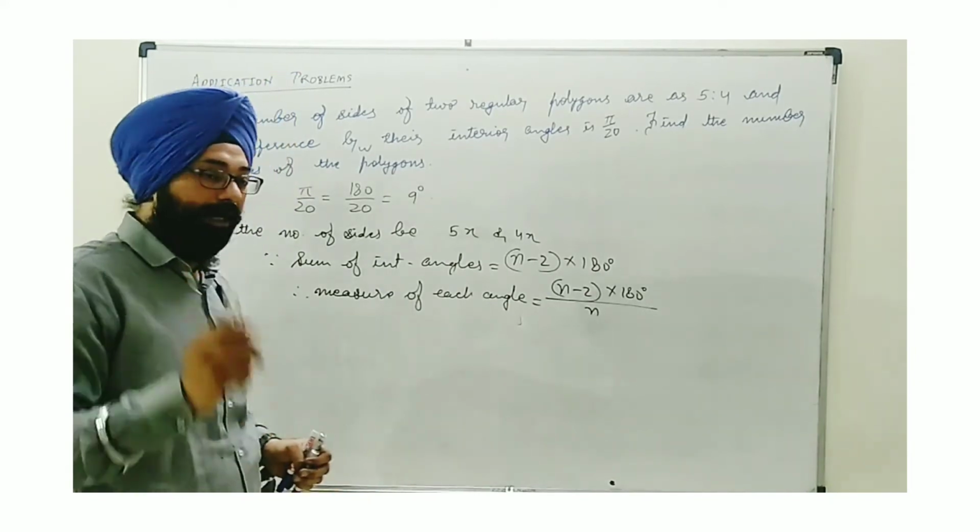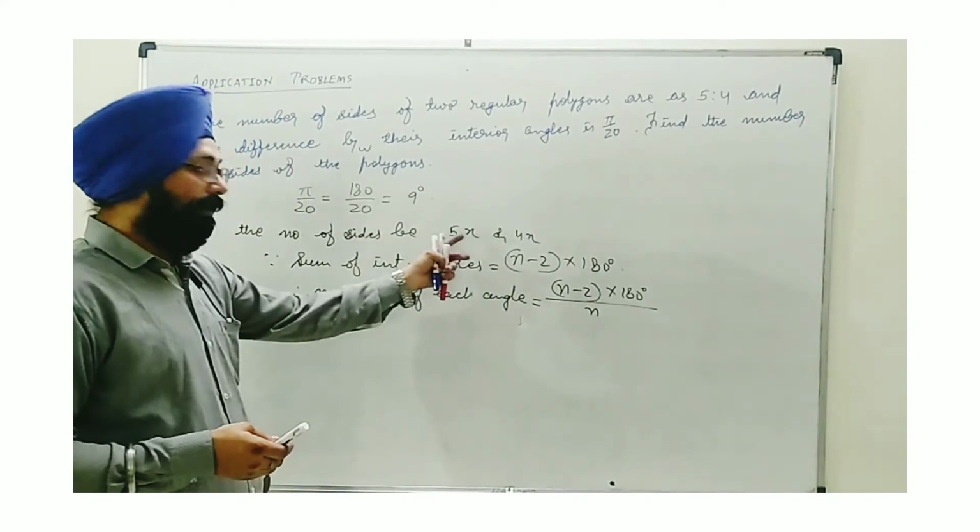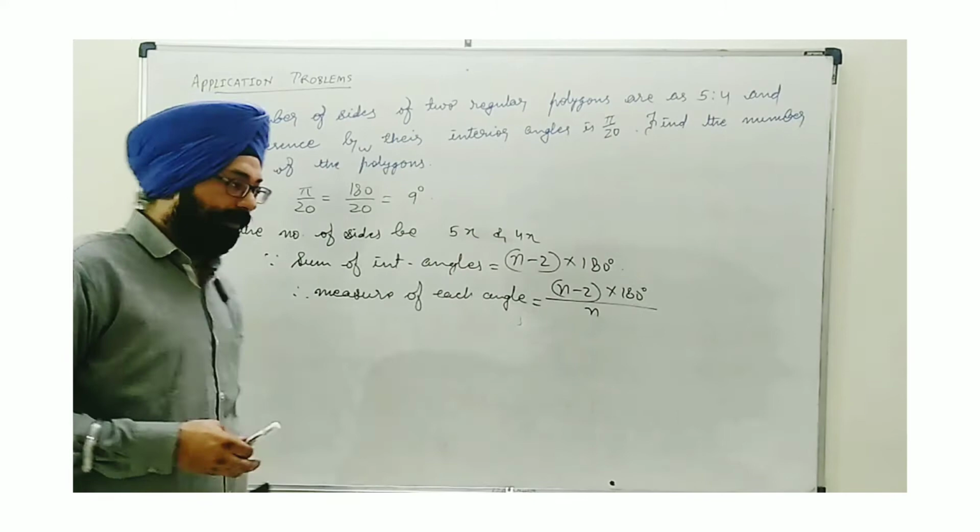Now we are told that two polygons are given with 5x and 4x sides.